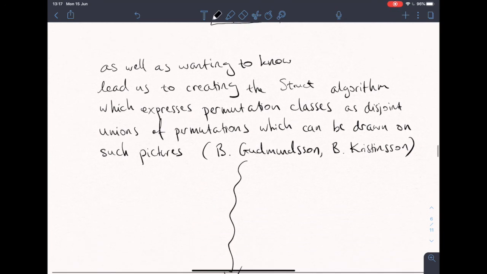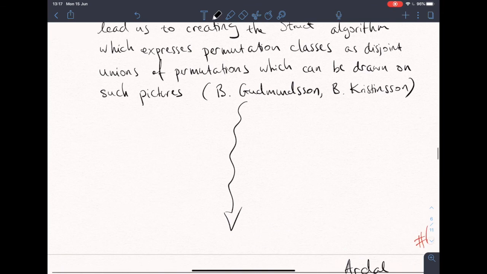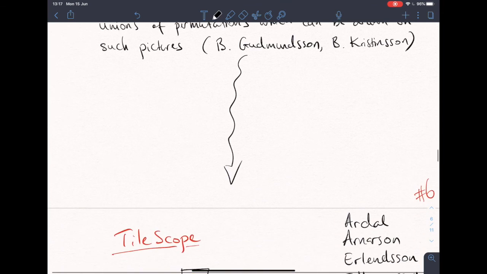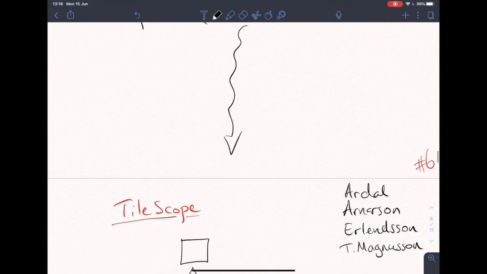We then ended up generalizing the struct algorithm to the telescope algorithm. And there have been numerous master students contributing to that work: Ragnar Árdal, Arnar Arnarsson, Unnar Erlendsson, and Thomas Magnusson.